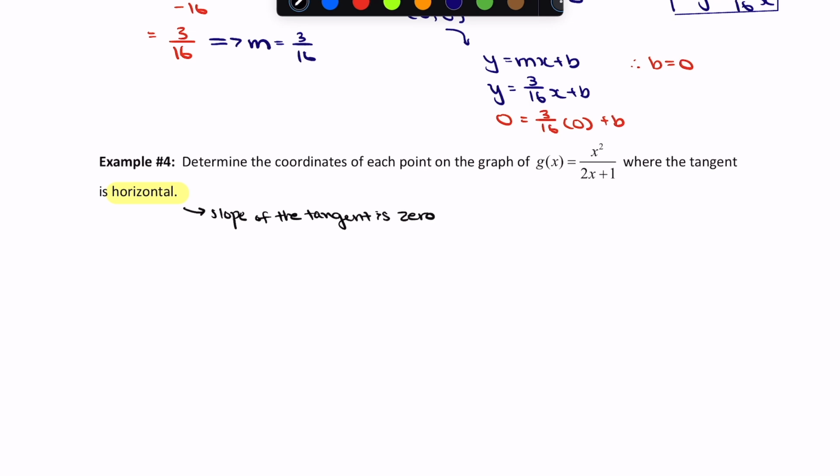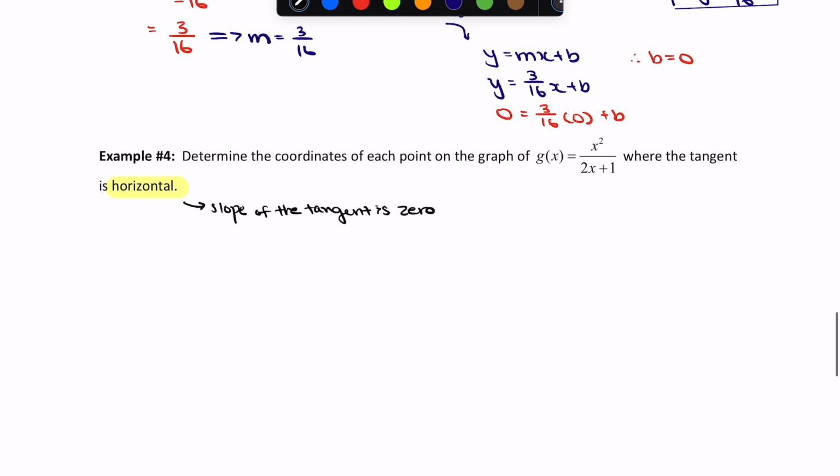So here, we see that g prime of x will be equal to 0, because that represents the slope, and the slope is equal to 0 because the tangent is horizontal.